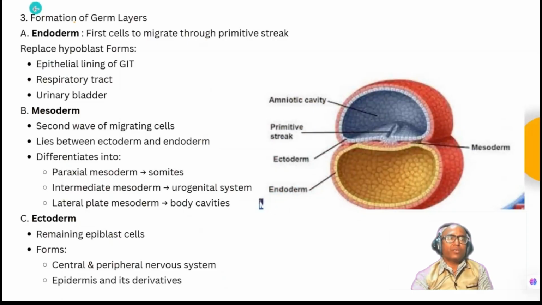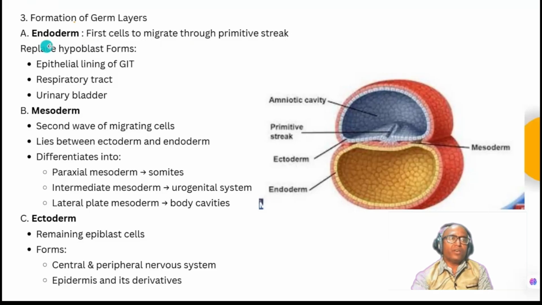Okay, now coming to the formation of these germ layers. Endoderm, the first cells to migrate through the primitive streak and replace the hypoblast, forms the epithelial lining of the gut, respiratory tract, and the urinary bladder. Now, the derivatives of each are asked very frequently in the examination: derivatives of endoderm, derivatives of mesoderm, derivatives of ectoderm, that you should know.